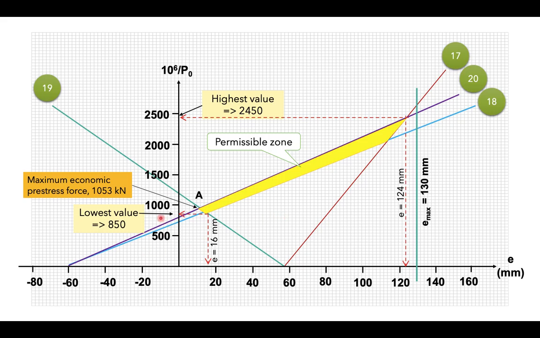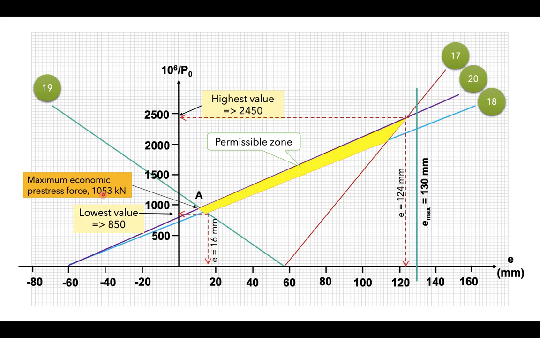Based on this graph, we will also be able to determine the maximum economic pre-stress force. We have already learned how to calculate this maximum economic pre-stress force earlier in example 2.